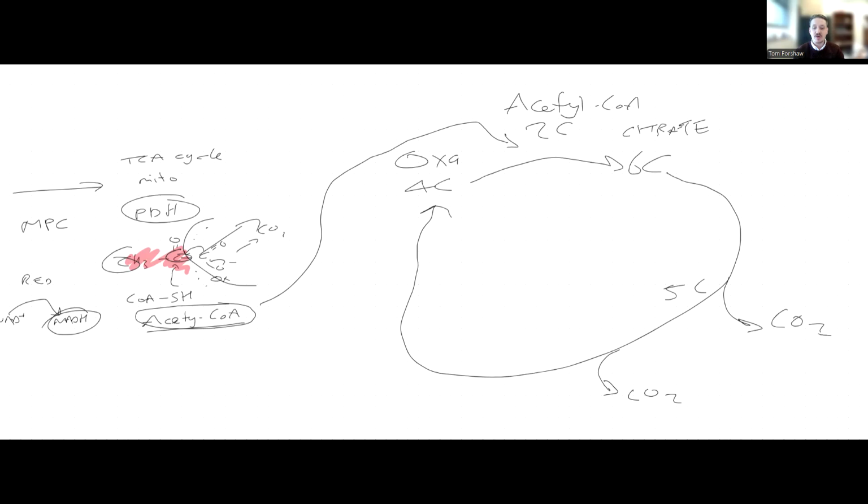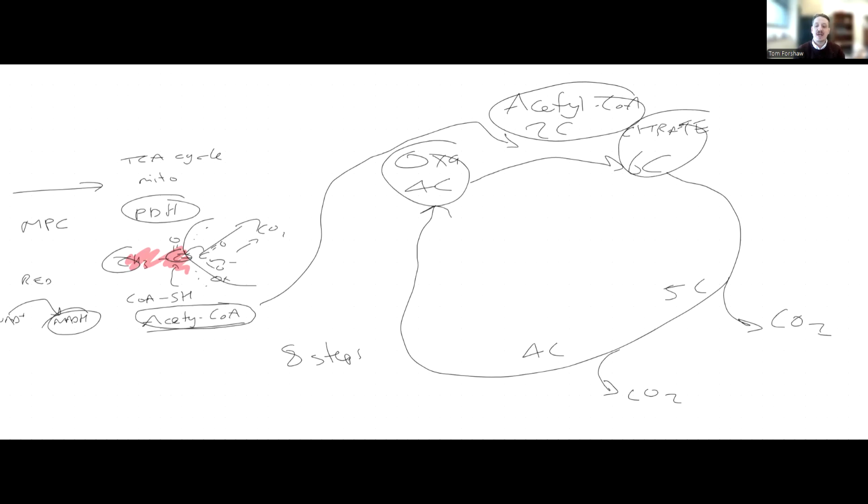Second CO2 comes off, and it becomes a 4-carbon chain. And it's going to continue cycling around the 8 steps until you get back to oxaloacetate at the beginning, which can then react with another acetyl-CoA in a condensation reaction to generate another citrate and go around again.